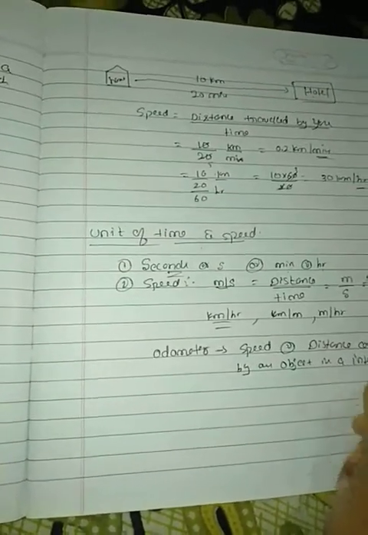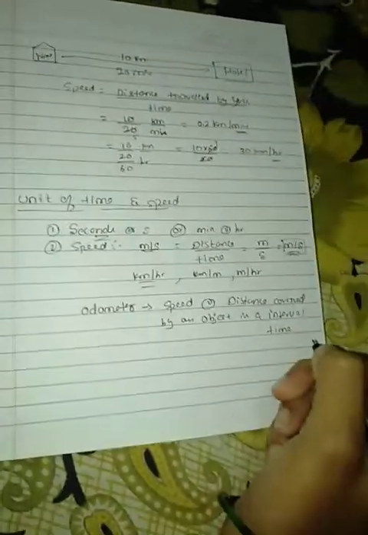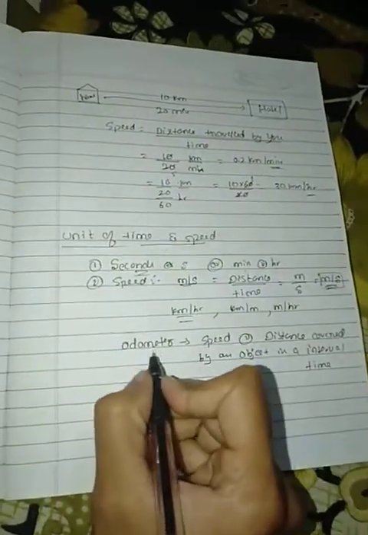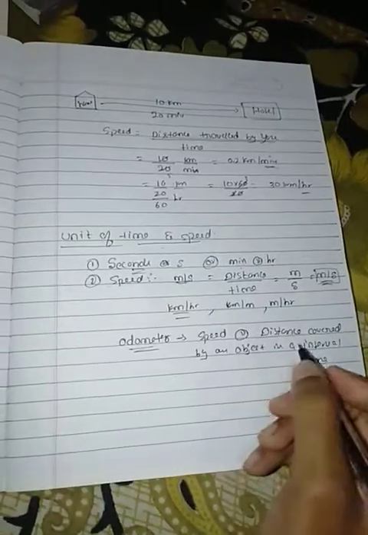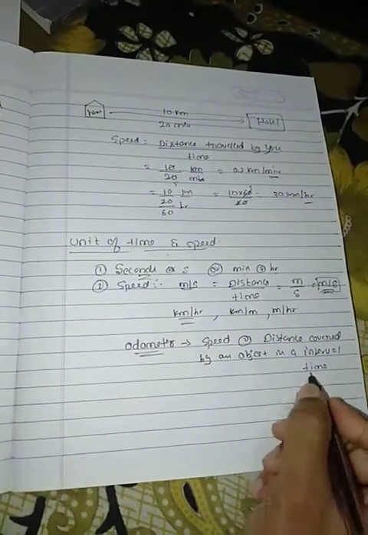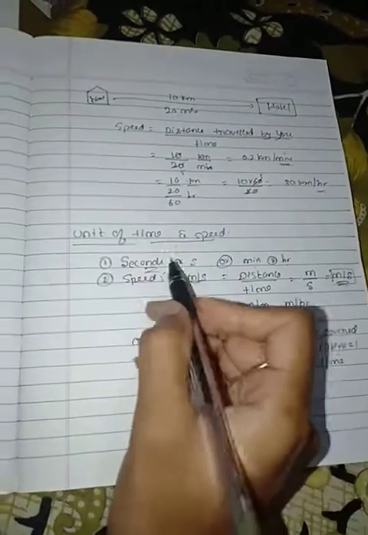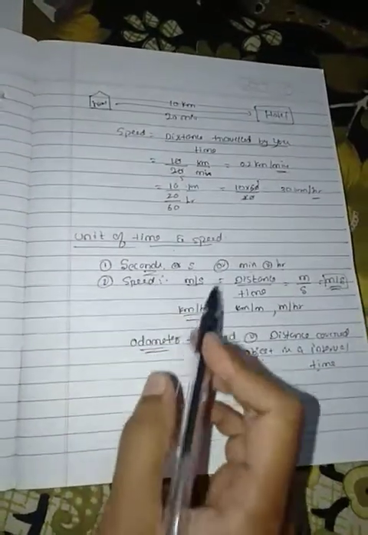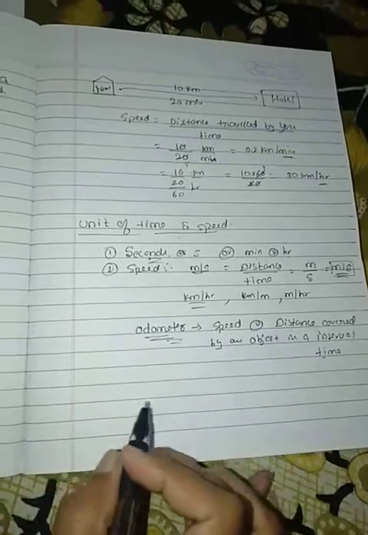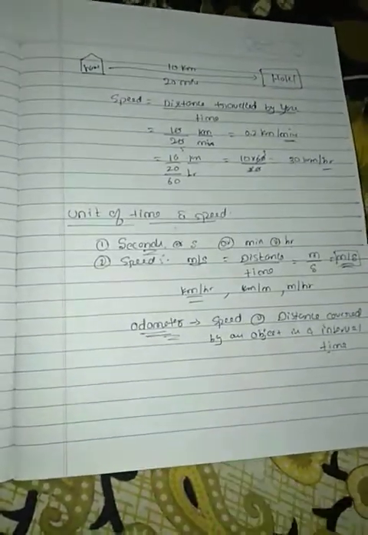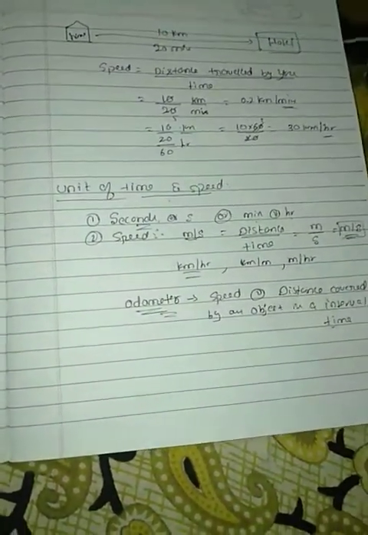So this is the unit of time and speed, and another one is the odometer. Remember that, odometer.